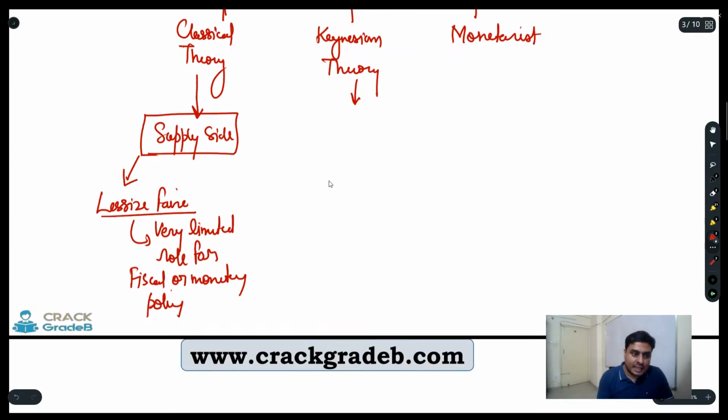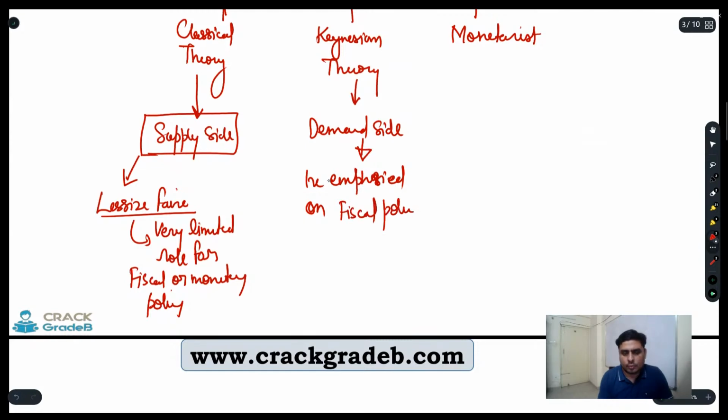Whereas Keynes emphasized on the demand side, and while emphasizing the demand side, he emphasized on fiscal policy. He emphasized on what? He emphasized on fiscal policy.